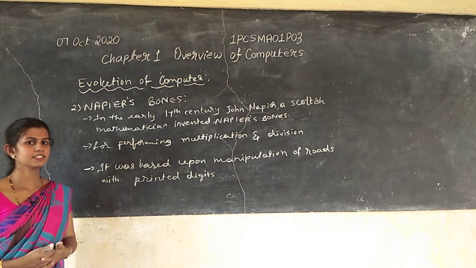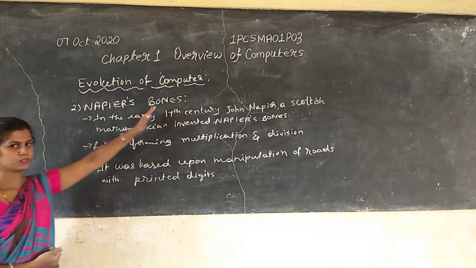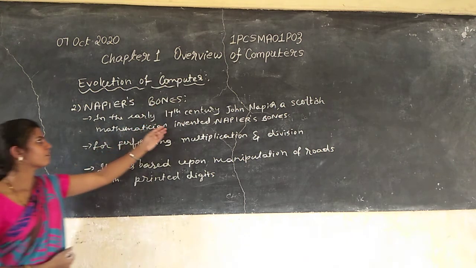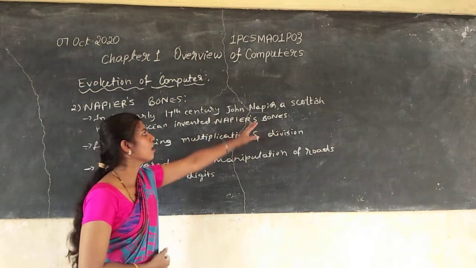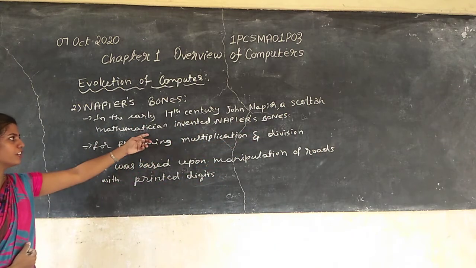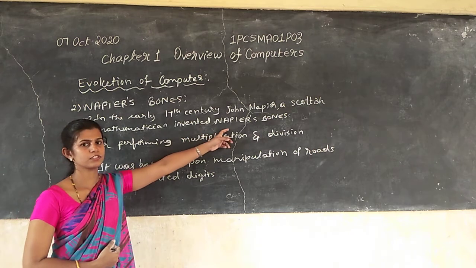After the abacus, next we have Napier's bones. In the early 17th century, John Napier, a Scottish mathematician, invented Napier's bones.